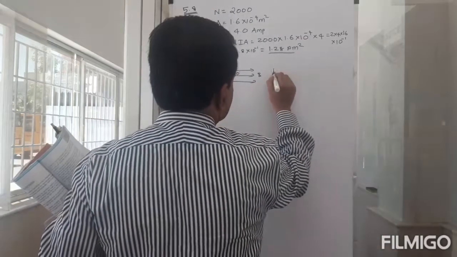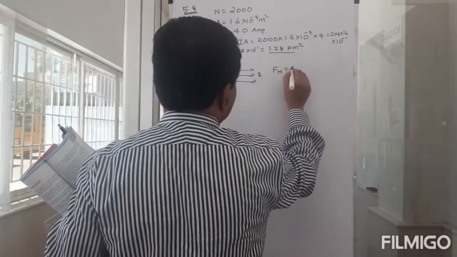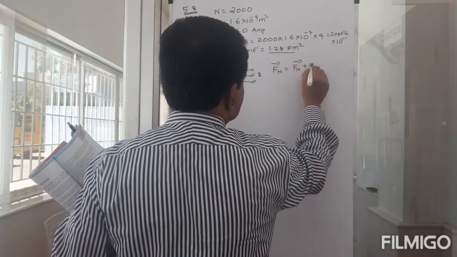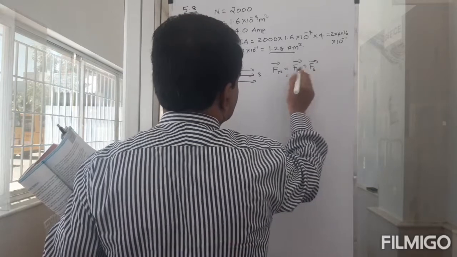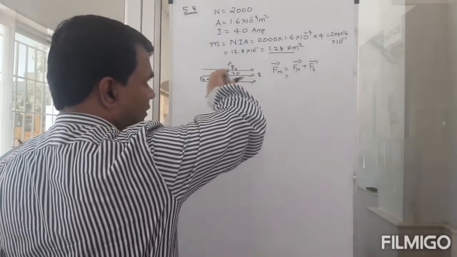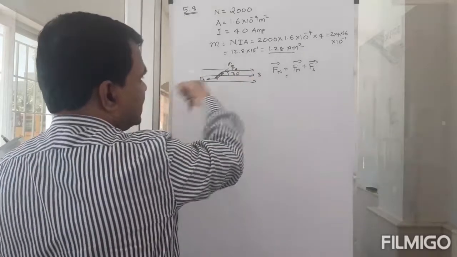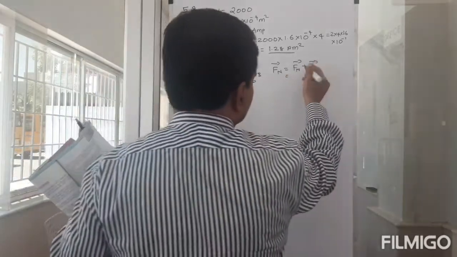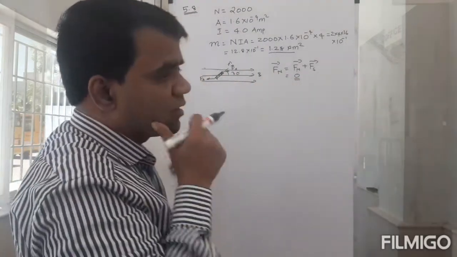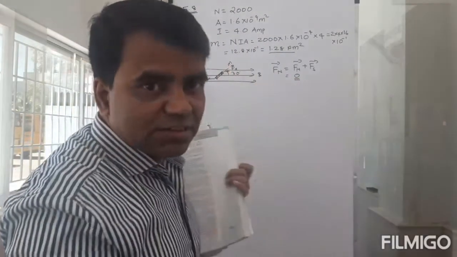So the net force is equal to Fn plus Fs, but then Fn is in the positive x direction and Fs is in the negative x direction, so this will be equal to 0. So the net force on this solenoid will be 0.